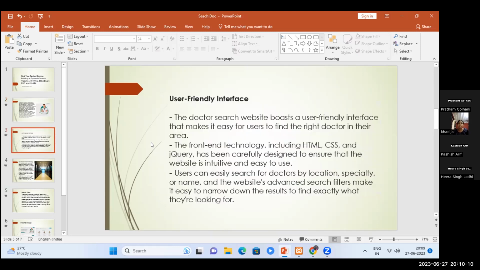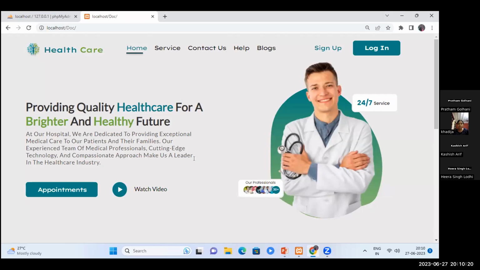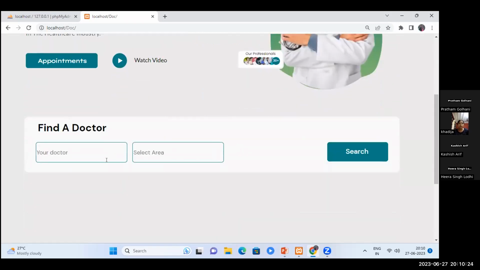User-friendly interface, which means HTML and CSS are used to create an interactive framework. This is the design of the website. You can easily enter the category here and select the area where you are looking for the doctor.